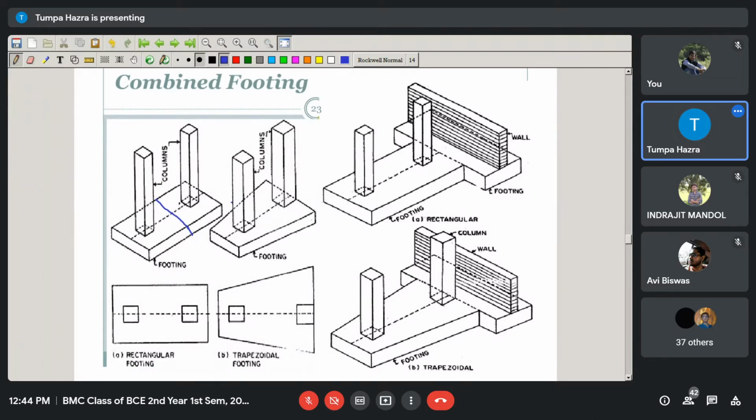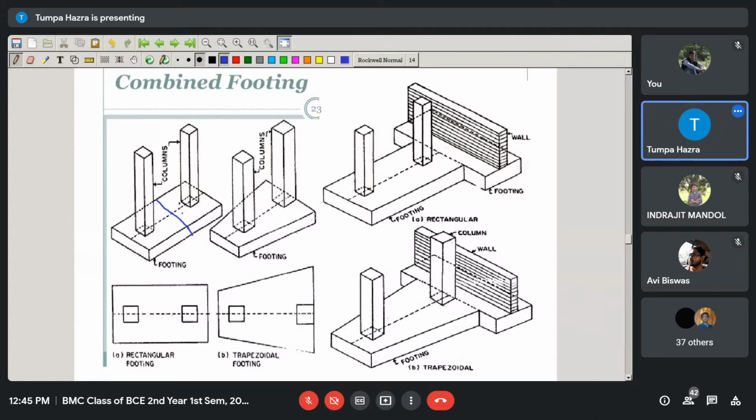Whenever you design a combined footing, it must be designed in such a way that the center of gravity of the loads of the two columns is the same as the center of gravity of the footing itself.